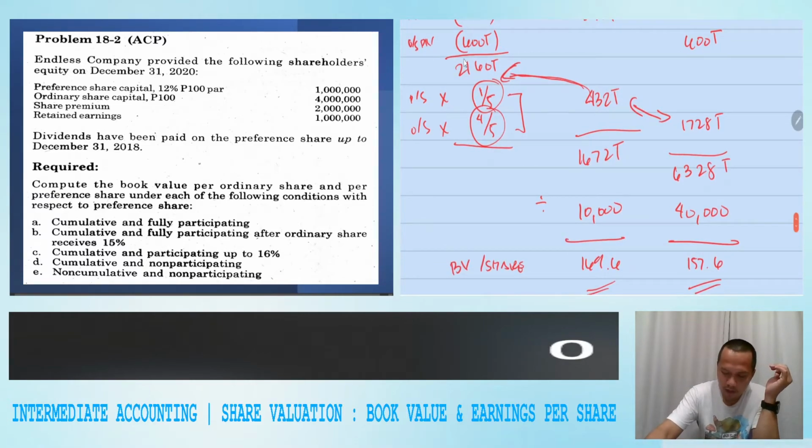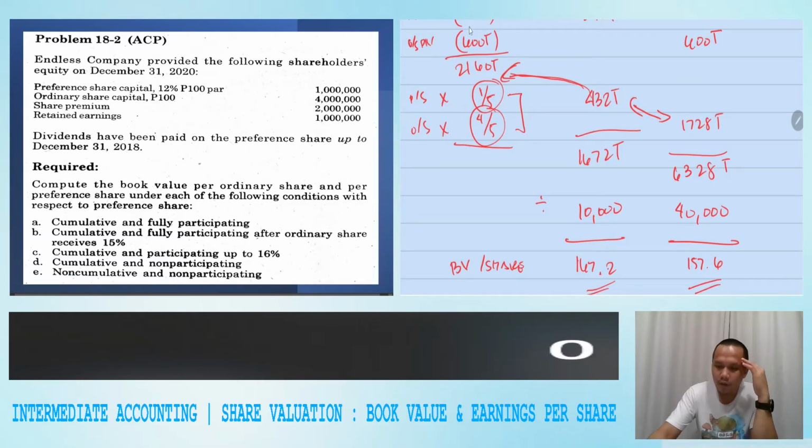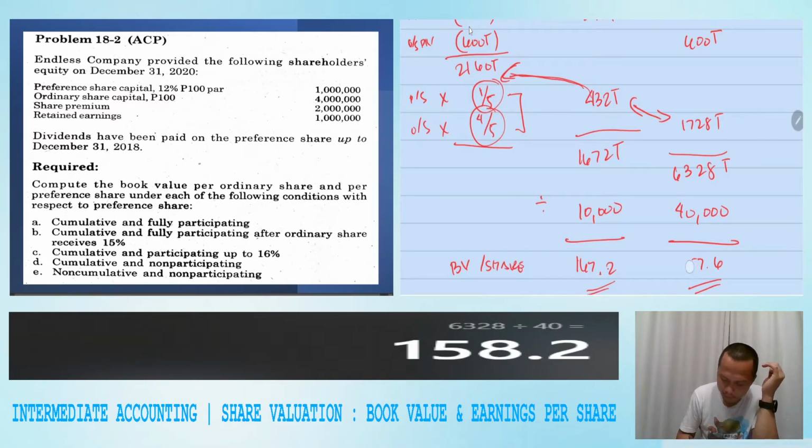For the preference share, 1,672,000 divided by 10,000, the book value per share now is 167.2. Very basic, no? 6,328 divided by 40, we have 158.2. So, partial participation. Or actually, full participation, but the privilege rate of the ordinary share has a specific rate.